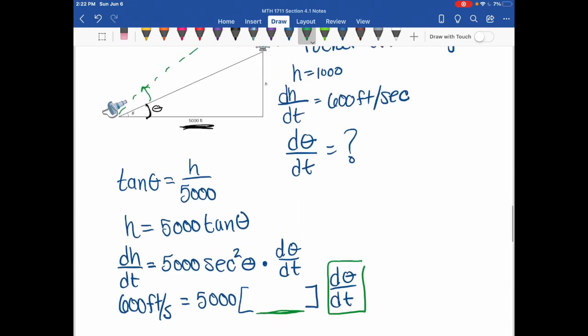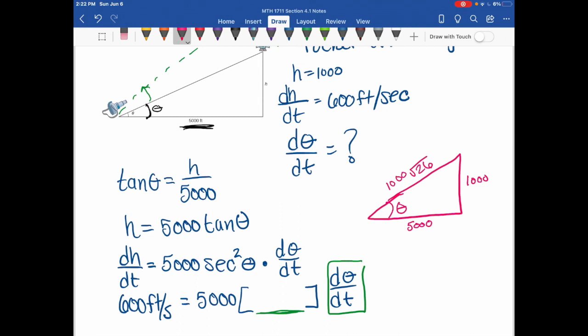And although they don't directly give us the information, we can find it using our triangle. So if we have our triangle, and we know that we're talking about when the height is 1,000, and we know that the 5,000 is a constant value, we can use the Pythagorean theorem to figure out the hypotenuse, which would give us 1,000 square root of 26.